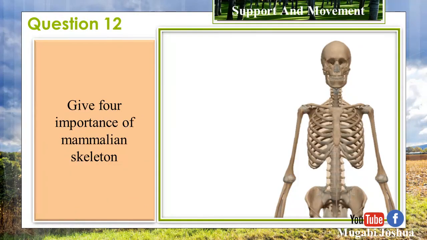Question 12. Give 4 importances of the mammalian skeleton. 1. The mammalian skeleton maintains the shape of the body.